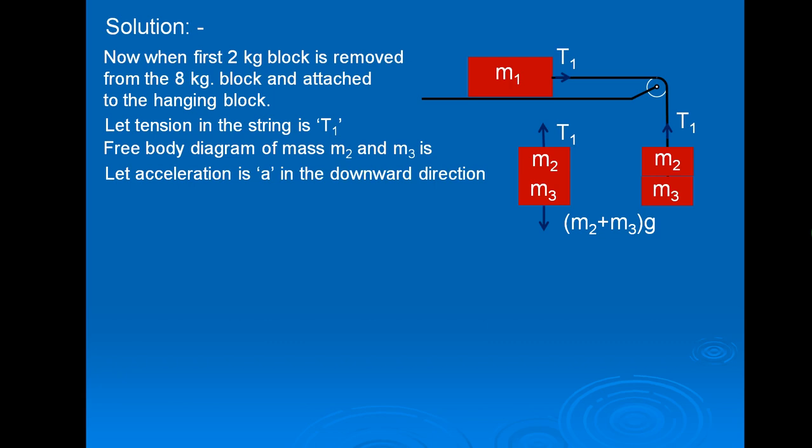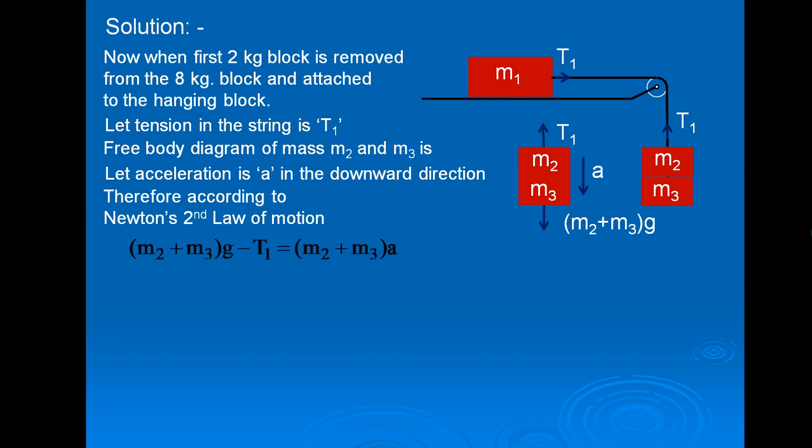Let the acceleration be a in the downward direction, since the downward force is greater. Then according to Newton's second law of motion, (m2 plus m3) into g minus T1, the net force, is equal to (m2 plus m3) into a. Let it be equation number 5.